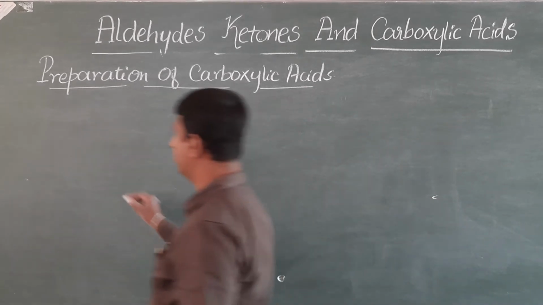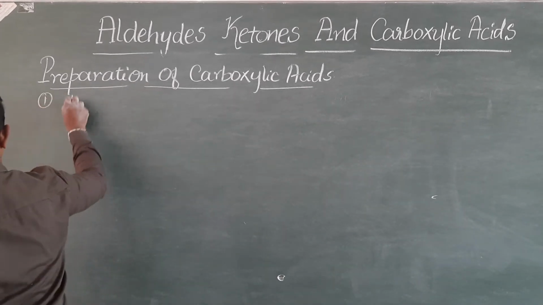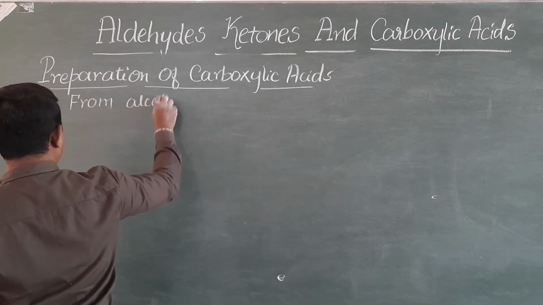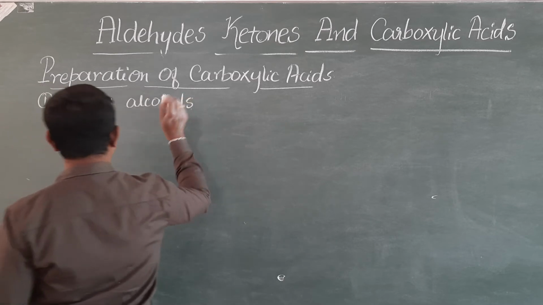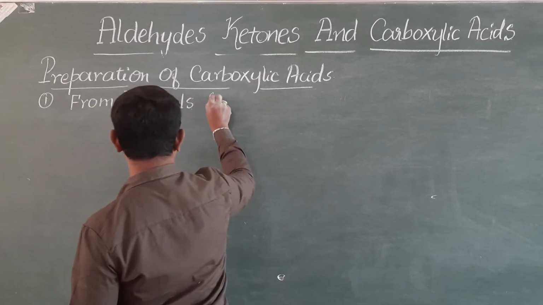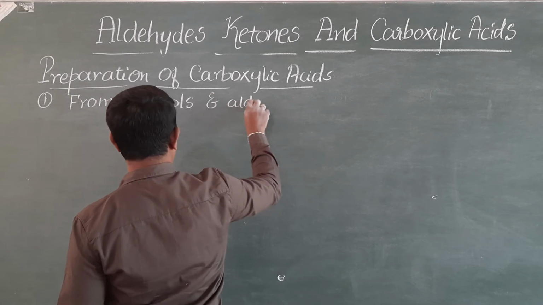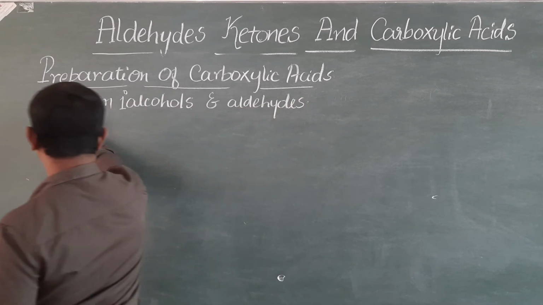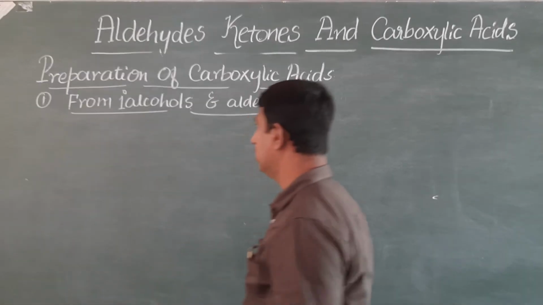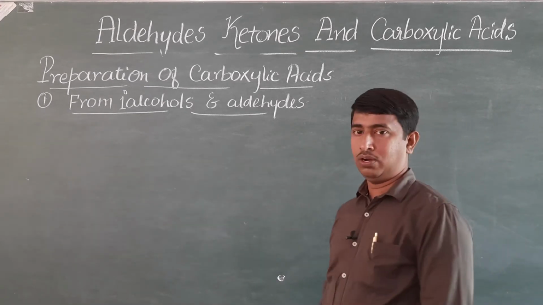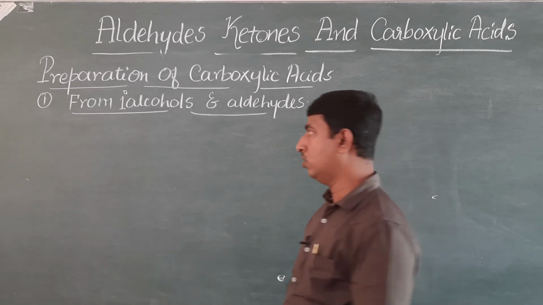First method, from alcohols, primary alcohols and aldehydes. Preparation of carboxylic acids using primary alcohols and aldehydes. Say, primary alcohols, we know the formula of primary alcohol.